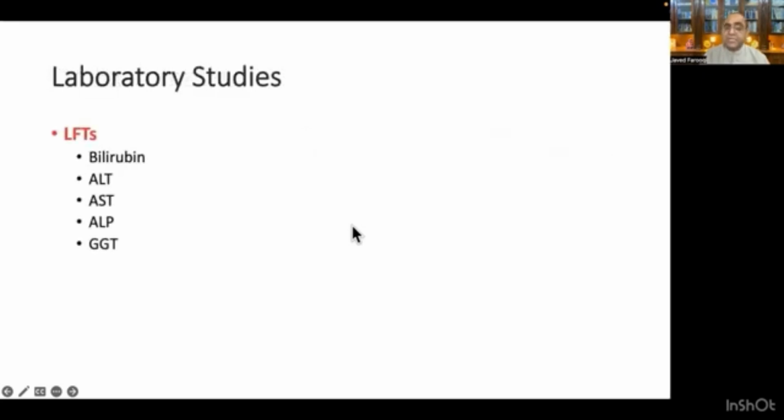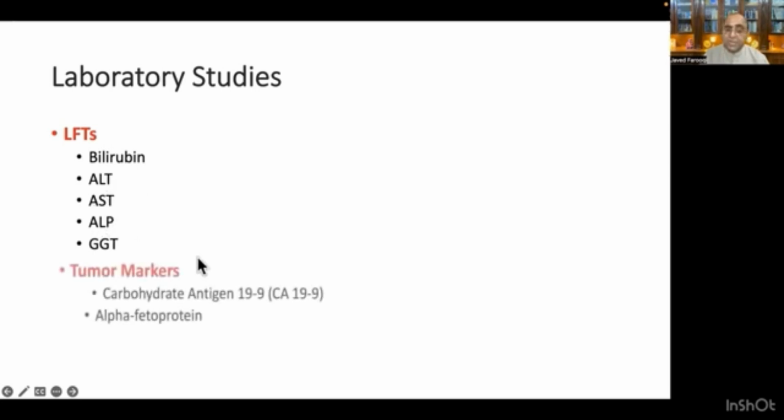The lab studies are traditionally the liver function tests, which include bilirubin, ALT, AST, alkaline phosphatase, and GGT, and the tumor markers, which include carbohydrate antigen 19-9, and we will talk about whether alpha-fetoprotein can be of any help.